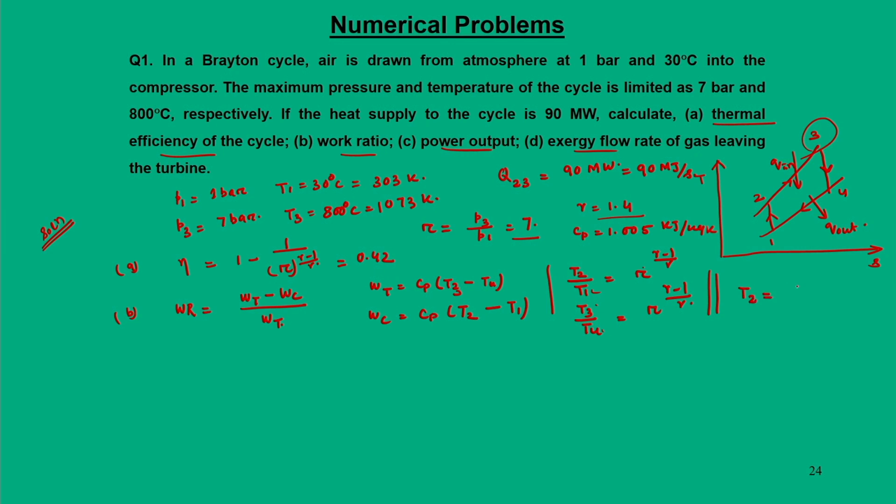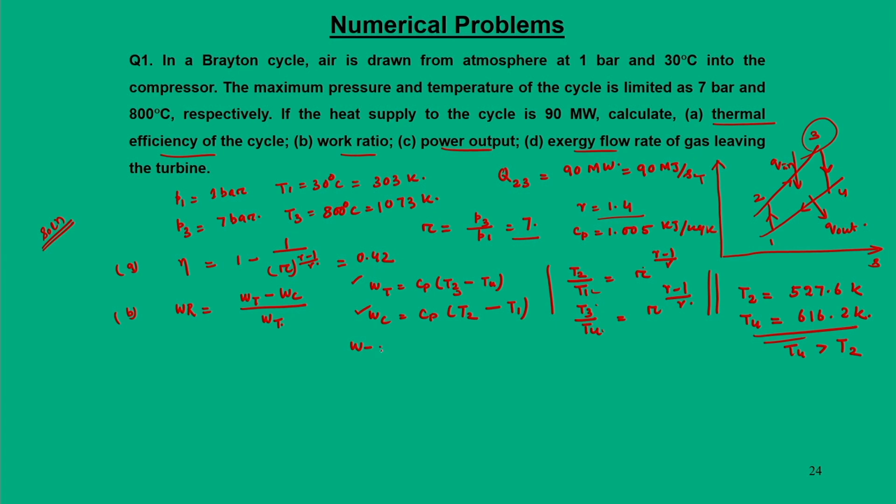So, we can find two important numbers: T2 is equal to 527.6 Kelvin and T4 would be 616.2 Kelvin. You can see that T4 is greater than T2, so of course a heat exchanger is more effective here. That is a separate part, but when we have all these numbers, we can find the turbine work and the compressor work.